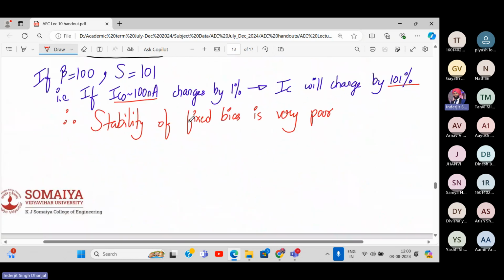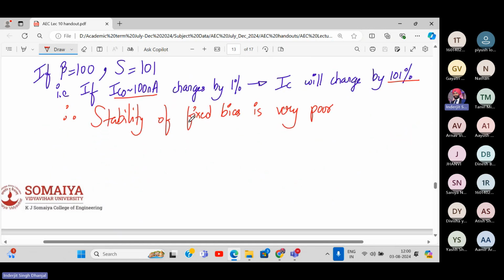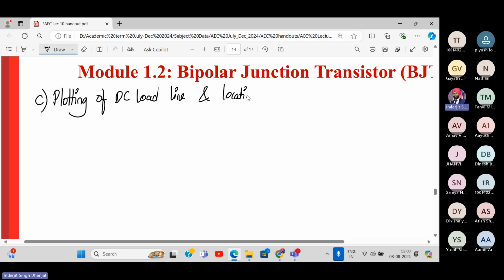Now we'll go to the third objective, that is plotting of DC load line and locating Q point on it. So let's do that. Objective number 3: plotting of DC load line and locating Q point on it.